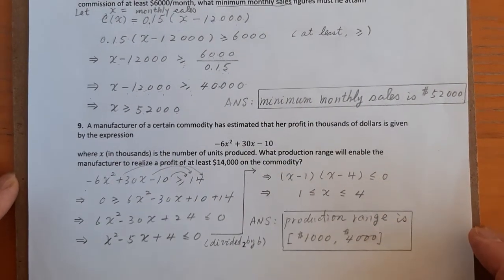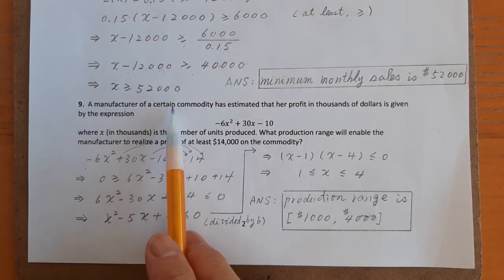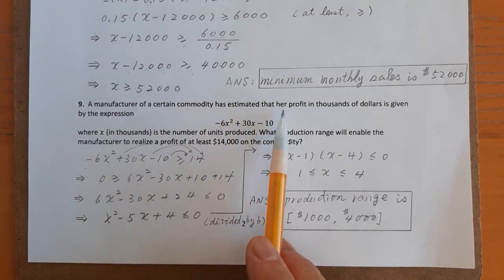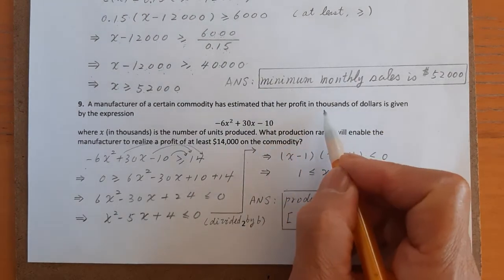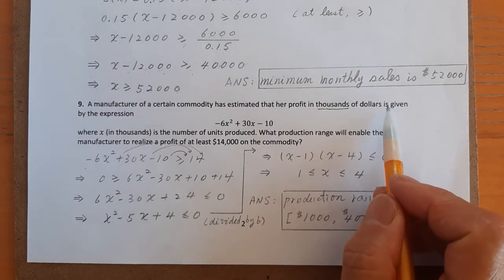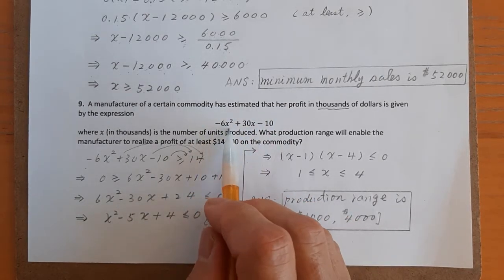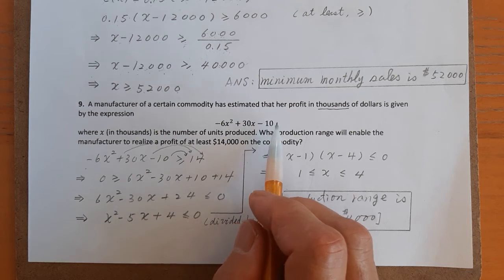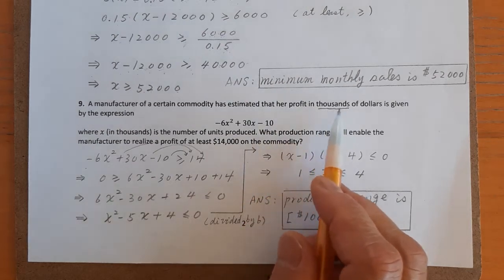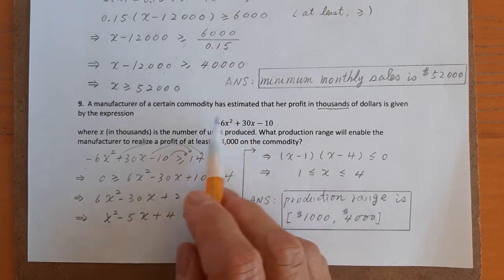Next question. Question 9. A manufacturer of a certain commodity has estimated that her profit, in thousands of dollars, is given by this expression: negative 6x squared plus 30x minus 10. This is her profit in thousands of dollars.